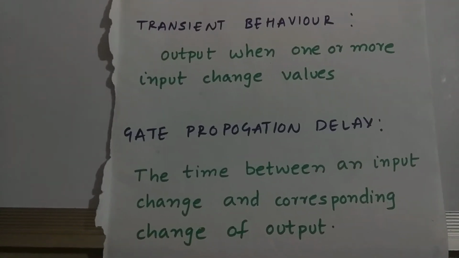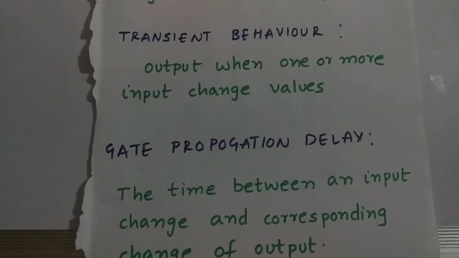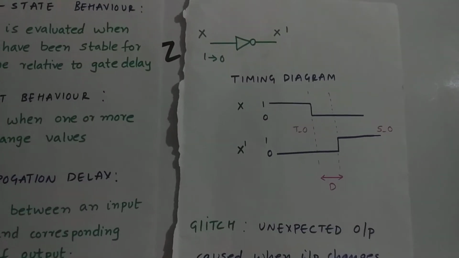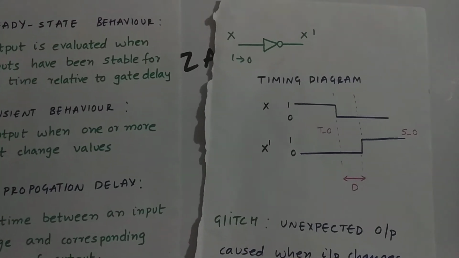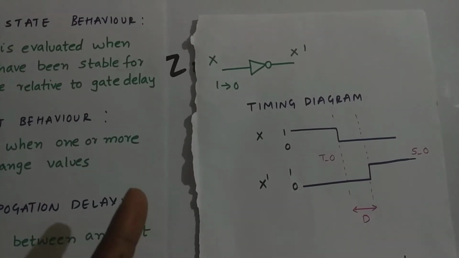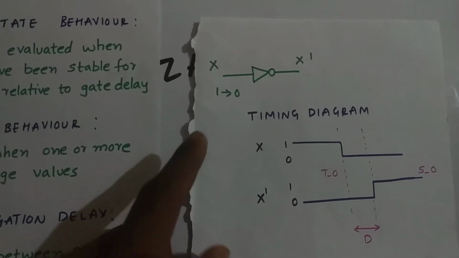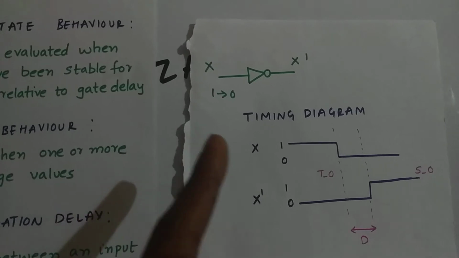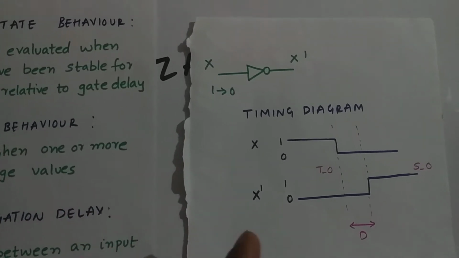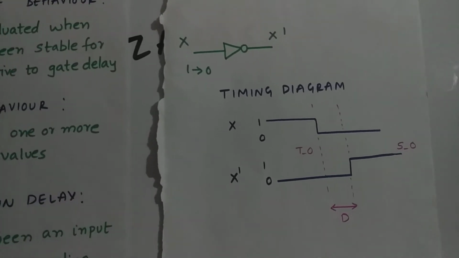To better understand, I'll give you a simple example of a NOT gate. To better understand all the terms I have described, as you can see there is a NOT gate over here. The NOT gate input is 1 and it changes to 0. X and X bar are the input and output.